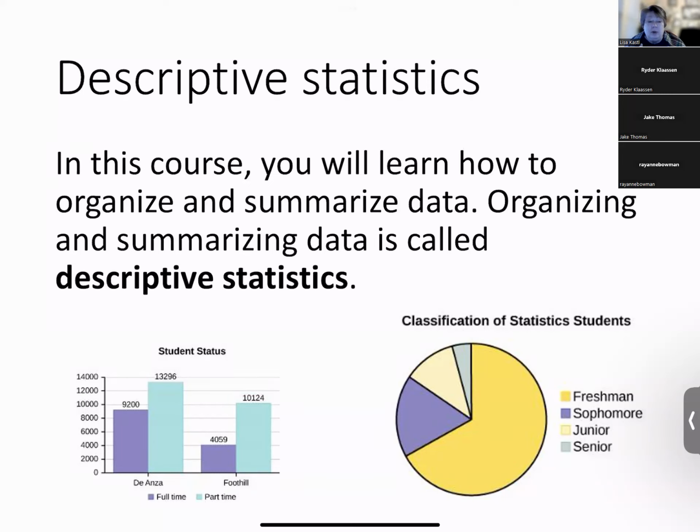The other way you could do it, you could write that as a percentage, which we just looked at percentages. You could take that 13,296 and divide it by the total, and you could write that as a percentage. It would take that vertical axis and change it to percentages. And we call that relative frequency. And we do that all the time. So you could present that bar chart either way, but you can see just by glancing at it, without even looking at the numbers, that there are more part-time students at both colleges.